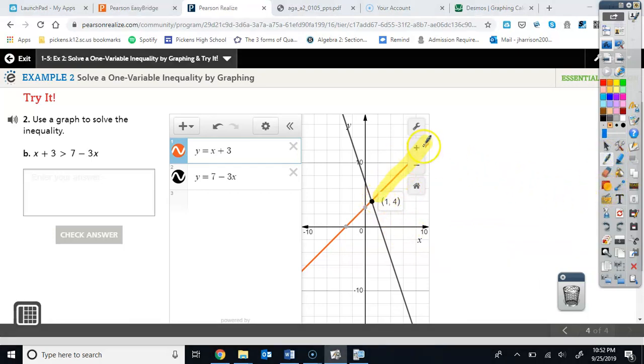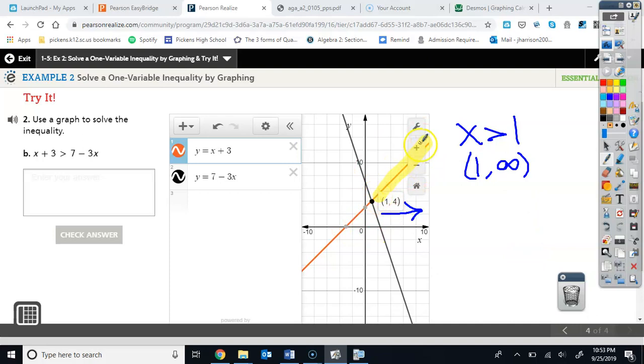But the red graph is not greater than the black graph there. The red graph is only equal to. So when is it greater? Everything this way. So what are the x values? Greater than 1. Or, like we said, 1 to infinity. Parentheses, because not equal to.